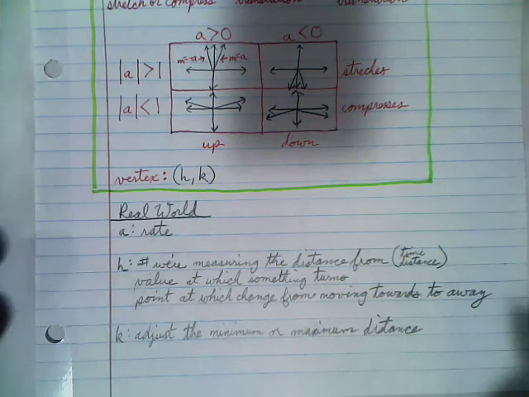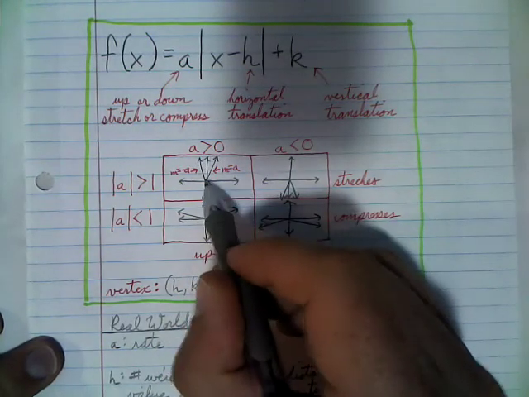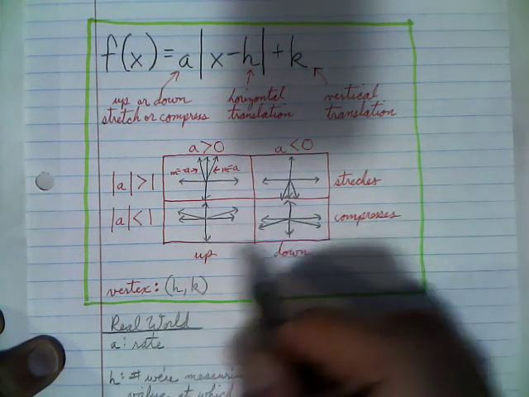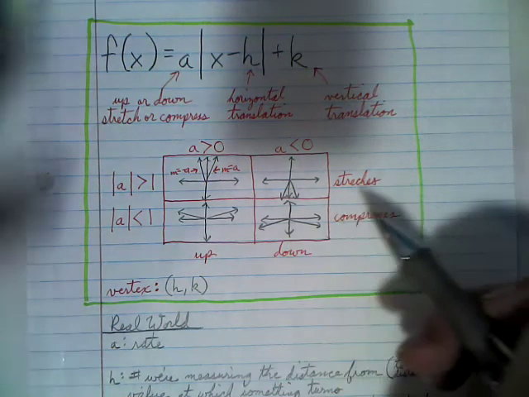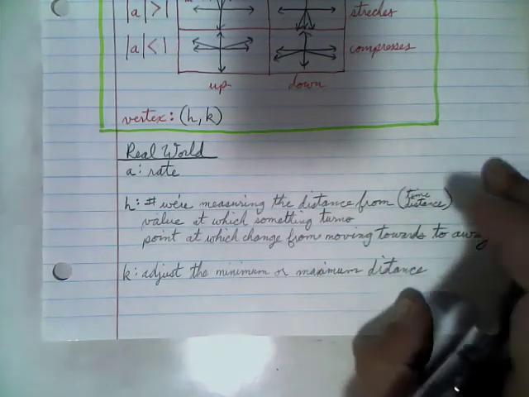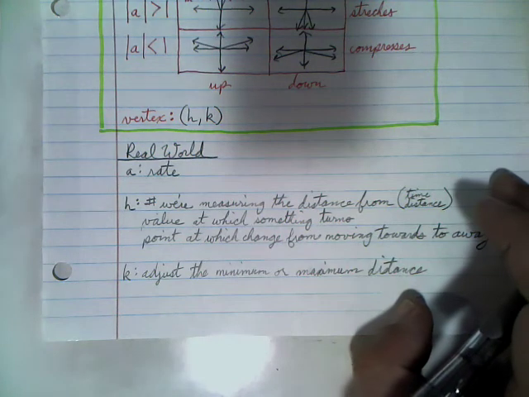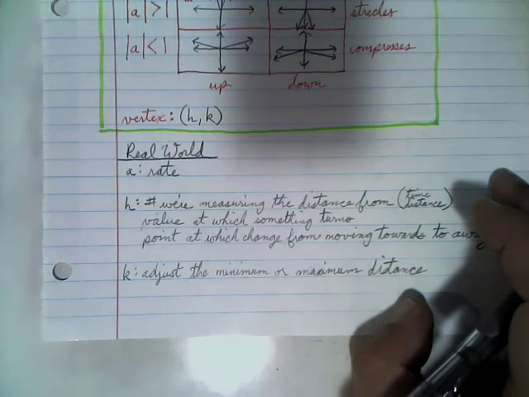So minimum and maximum, because if it's opening up, then my vertex is a minimum value. If it's opening downward, my vertex is a maximum value. So since K adjusts that up or down, well, normally an absolute value would have a minimum or maximum of 0. But if I have a K, let's say that's +2, it's going to shift that up 2. So either my minimum distance is now 2 or my maximum distance is now 2.